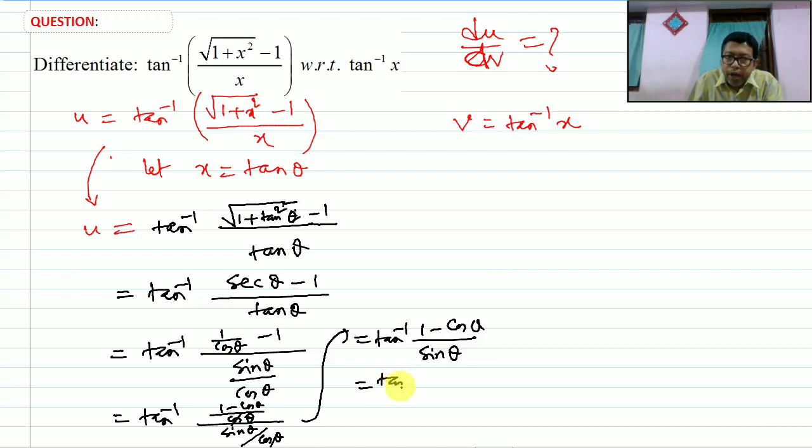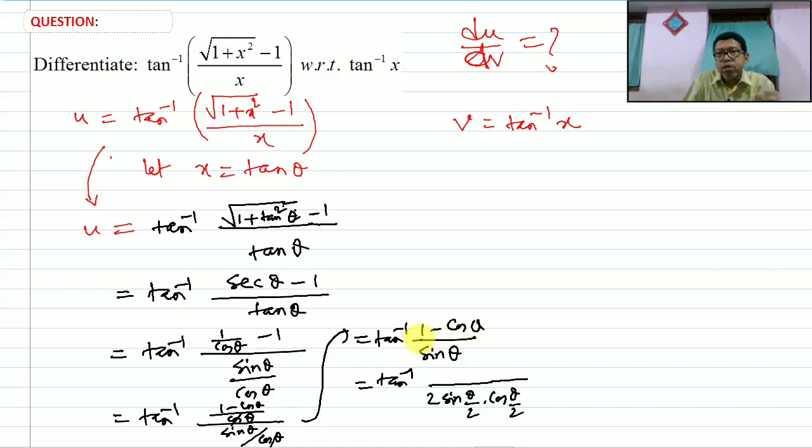Now, in terms of half angle, sin theta is 2 sin of theta by 2 into cos of theta by 2. To find 1 minus cos theta, we know cos 2 theta is 2 cos square theta minus 1, or 1 minus 2 sin square theta.